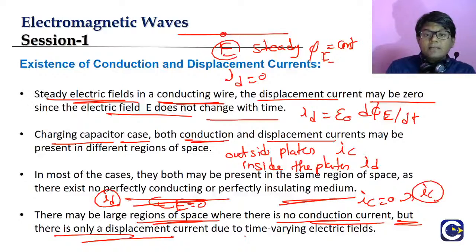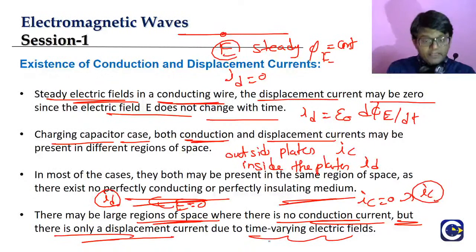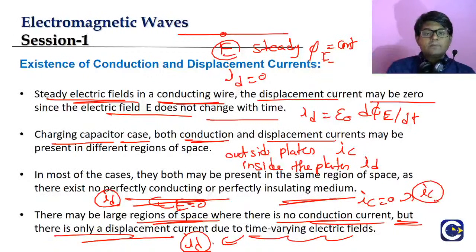How is the magnetic field produced? It is produced because of a time varying electric field. And how do we account for the time varying electric field? We account for it in terms of displacement current.